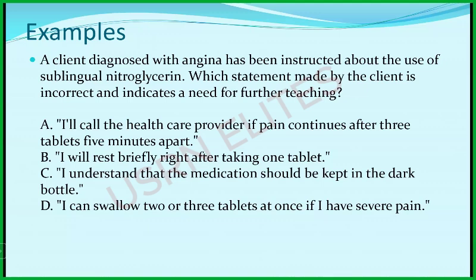Within the 5 minutes is where you have to assess and see whether your angina is going down or not. Because you take it sublingual, and the moment you take it, within a few minutes, it gets into your blood. So you should be able to see it work within a few minutes.